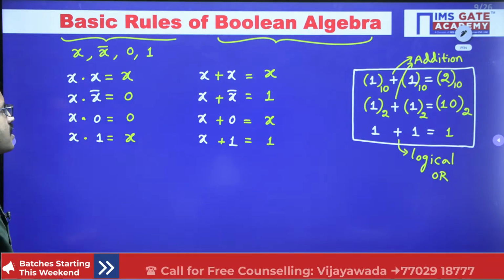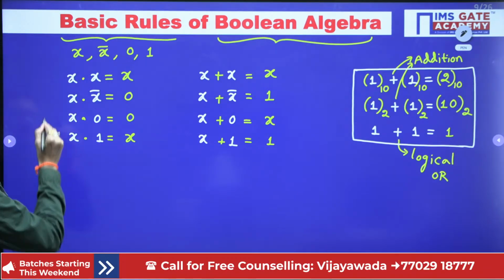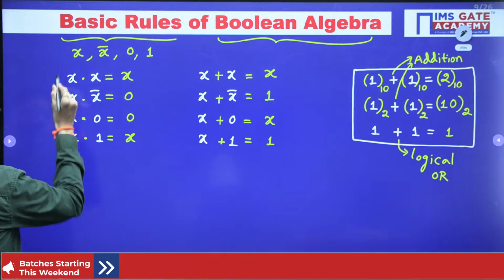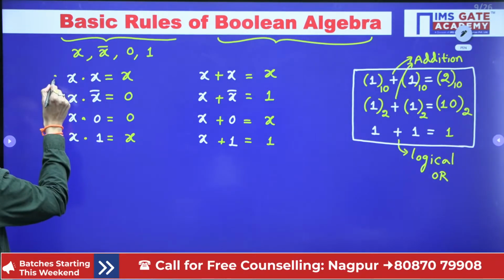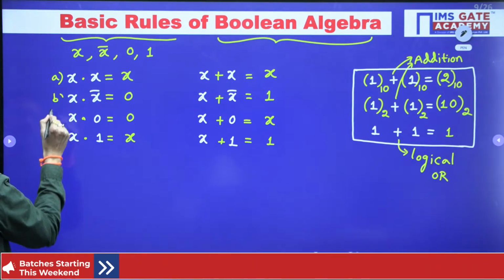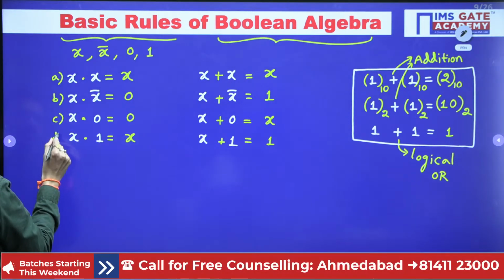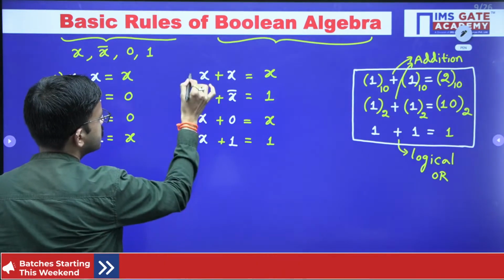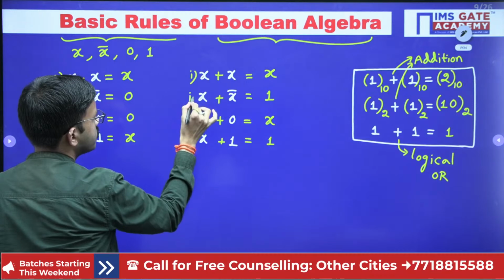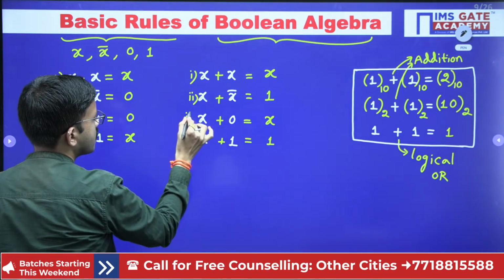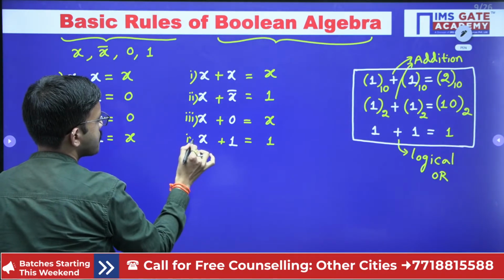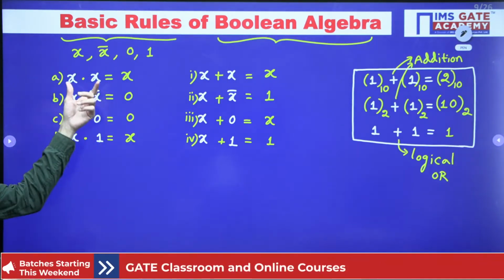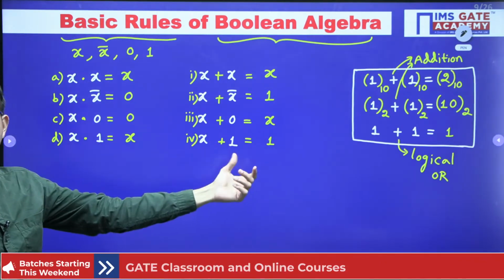Okay, right. So for the time being, we have 4 equations here. I am labeling them A, B, C, D. And similarly here I am giving the numbering 1, 2, 3, 4. Here we have 4 equations, and here also we have 4 equations.